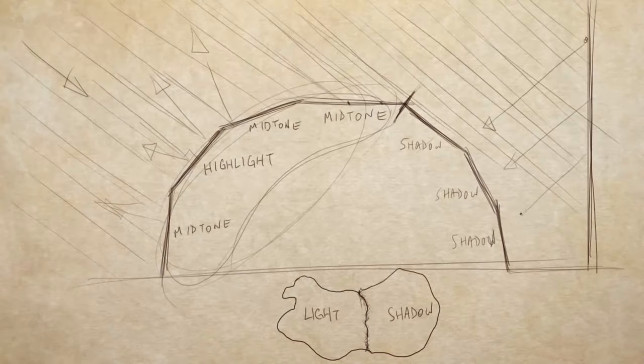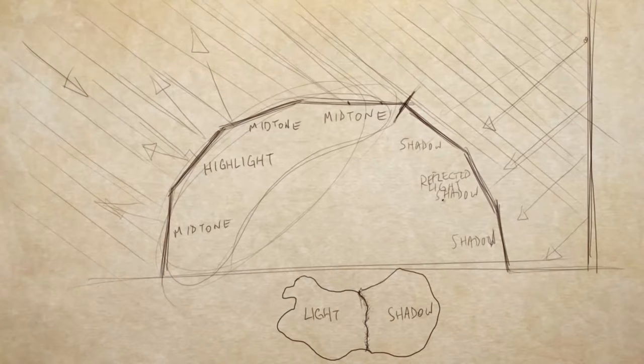So some of this light is going to bounce, and this is all reflected light now. And so where does the light bounce and where does it hit? Well, it's going to bounce and hit the wall here. So this is going to be hit by reflected light. Actually, all three of these, if this wall is that big, they're all going to be hit by reflected light. Reflected light.